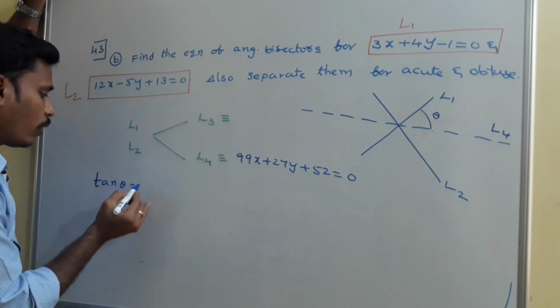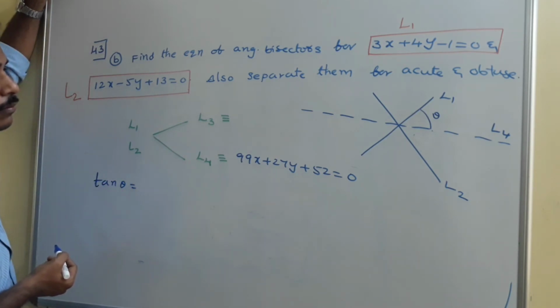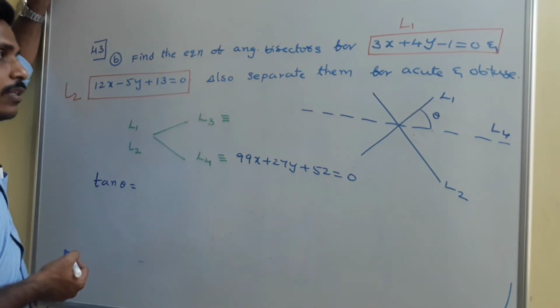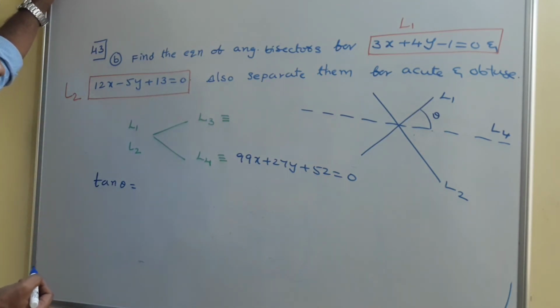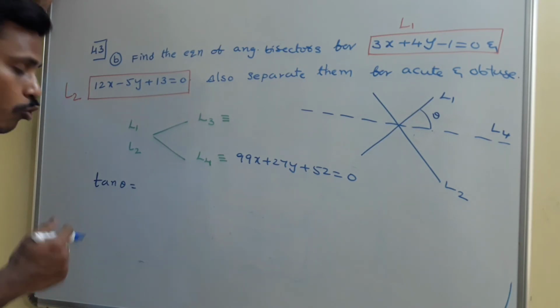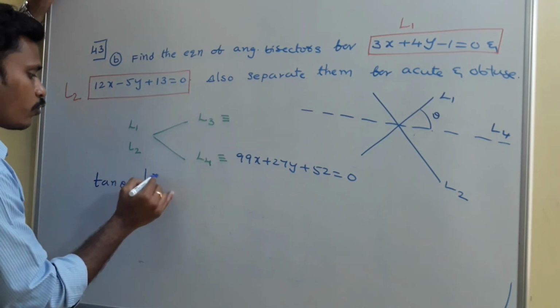How can we find the angle between those two lines? There are many ways. Tan theta is equal to modulus of (m1 minus m2) divided by (1 plus m1 m2). That's what I can use.